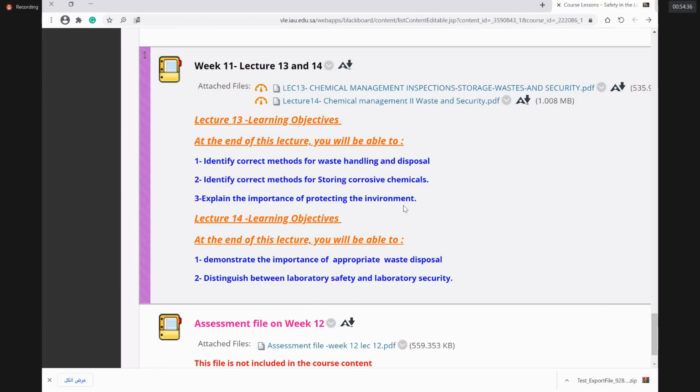It's all about protecting the environment. We talked about the appropriate waste disposal, separation, knowing the content of waste. Also, we distinguished between lab safety and lab security والفرق بين الاثنين. Any questions؟ تفضلوا الآن في حال وجود أي سؤال.